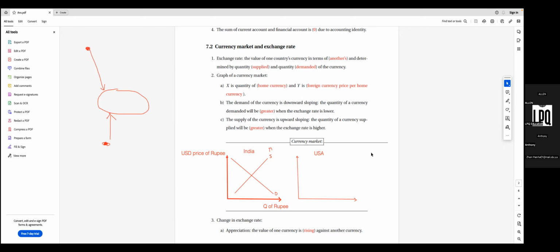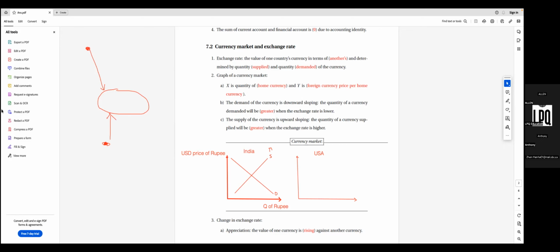Most likely the supply side is in India, but not necessarily. Maybe some foreign immigrants, whatever the reason, some foreigners also hold Indian rupees. So we just call them rupee holders.